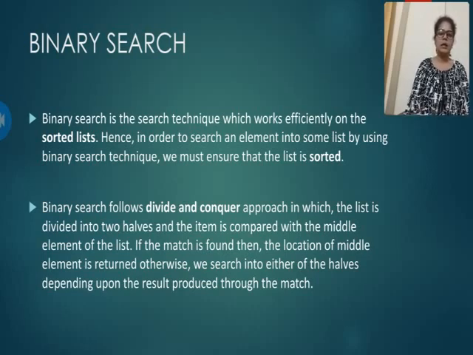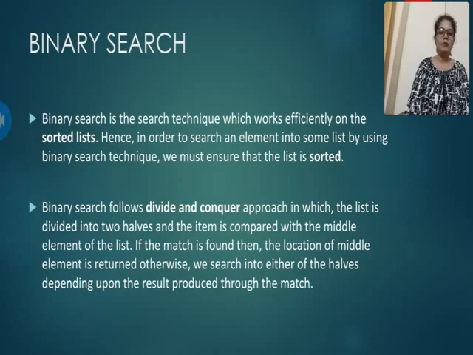The next thing is, binary search is very efficient, no doubt, and it works at a very fast rate as compared to linear search. But there is one main drawback of binary search, that it is a very costly method. Now why is it a costly method?